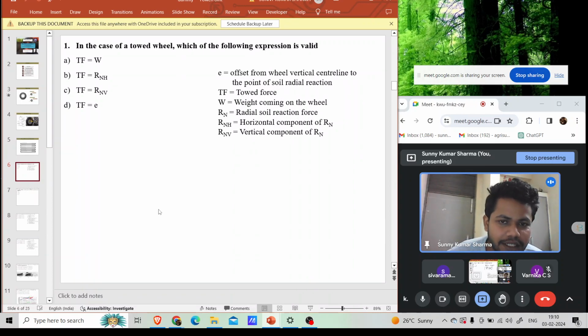Sivaraman, when you are done with that case in K5, you just tell that value. That was the last question. Vernika, which of the following is correct?